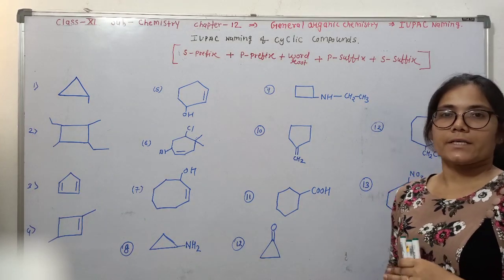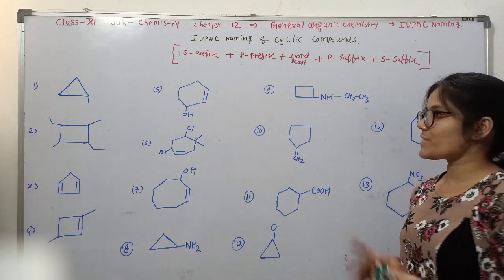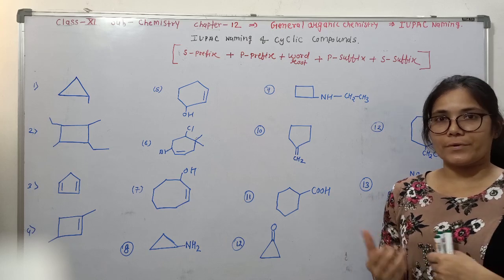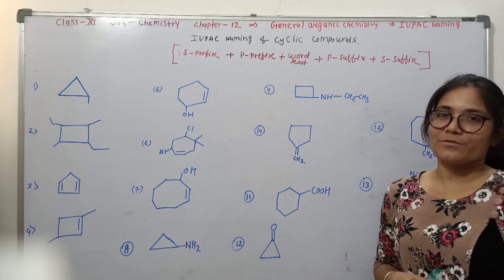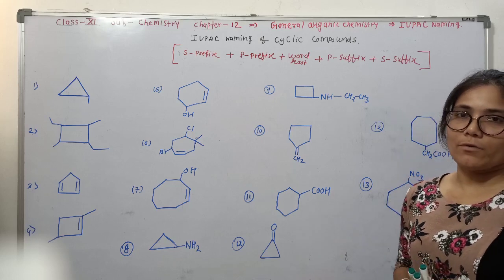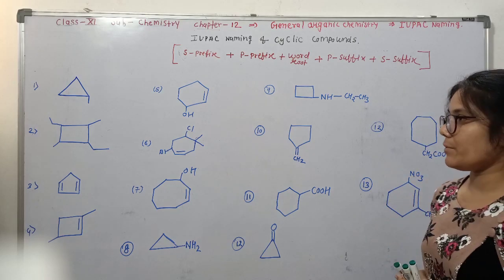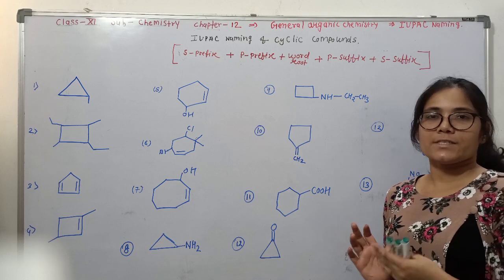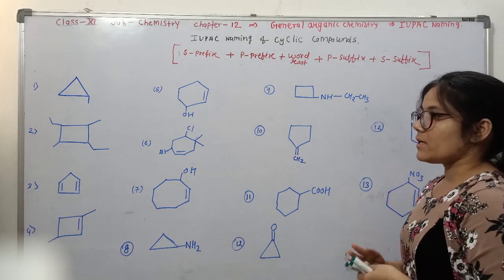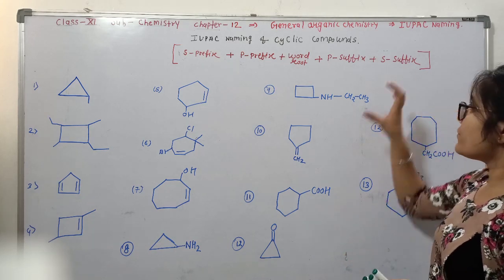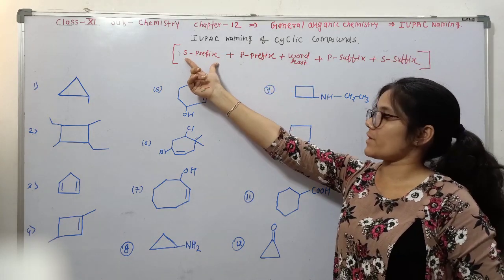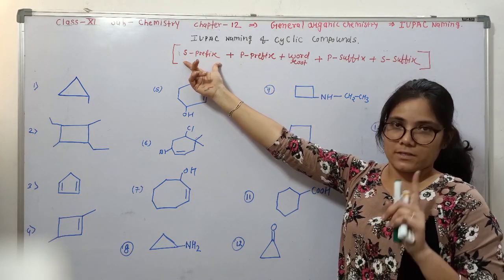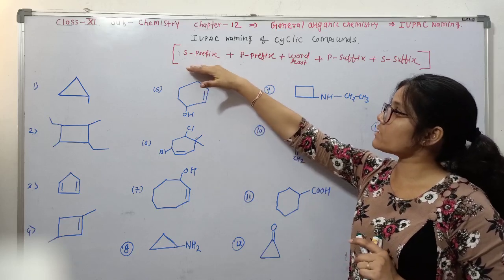Hello, now we practice IUPAC nomenclature of cyclic compounds. In our previous videos we have done the IUPAC nomenclature for aliphatic compounds, not the cyclic compounds. So let's practice the compounds with cycles. The format we'll use for cyclic compounds is: S prefix, which is the substituent prefix.